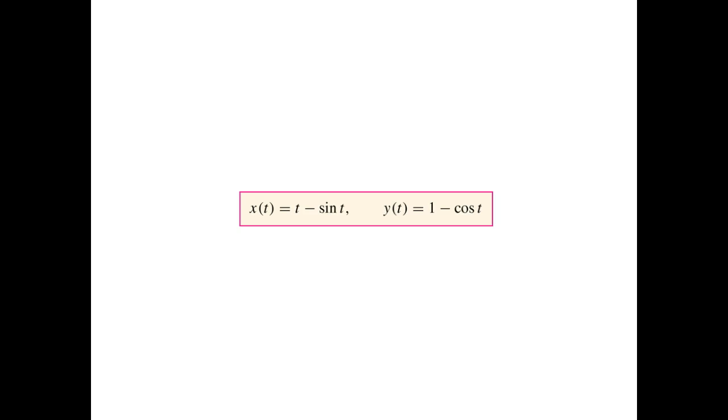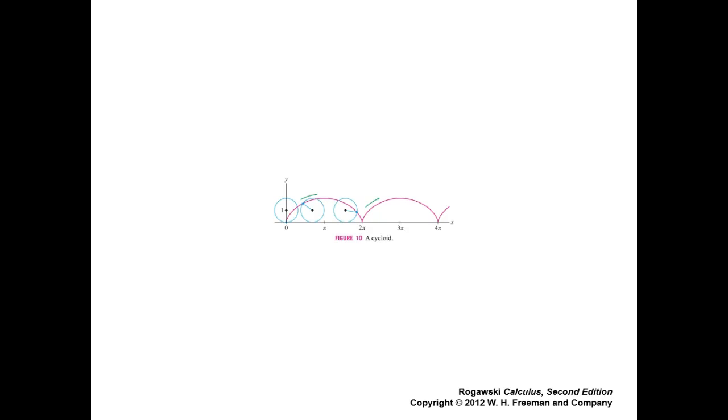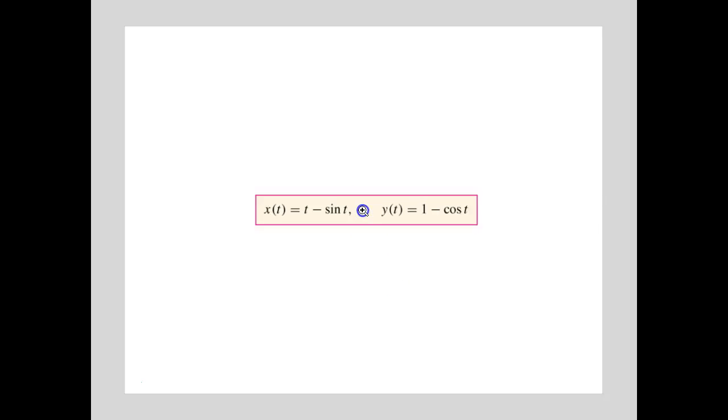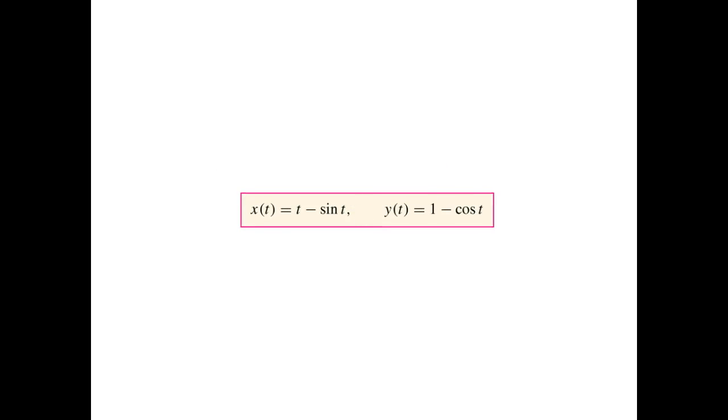When t is pi, that doesn't sound right. Oh, of course, I'm sorry. Sine of pi is 0. So sure enough, pi minus 0 is pi. So the x is pi. It seems like that part fits okay. We still didn't quite determine how we came up with that, but those points fit.